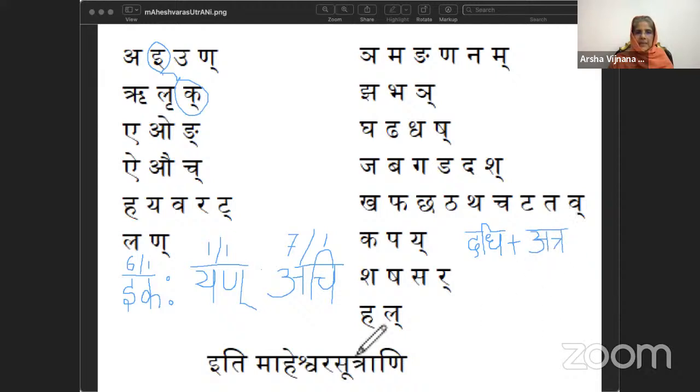So what is the replacement? The yan letter, as we saw, is any of the semi-vowels: ya, va, ra, la. We don't count the ta, not for this purpose. So how do we know which to substitute?